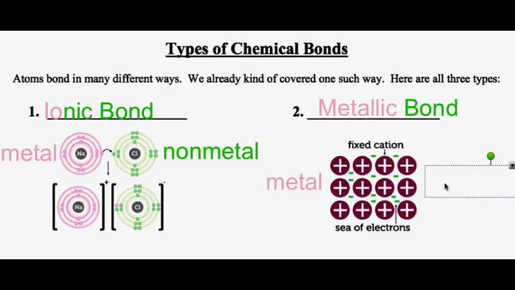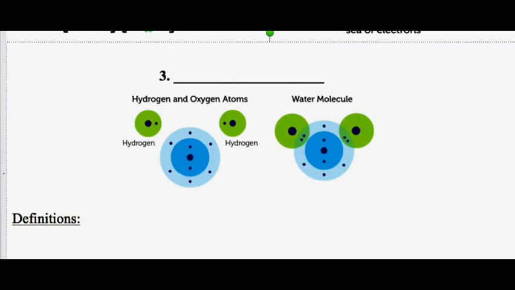That is because you will have two metals, or the same metal, that end up being attracted to each other. The reason metallic bonds are really good electricity conductors is because these electrons are able to float around and pass an electric charge, which I think is pretty cool. So when you have a metal to a metal, it is called a metallic bond.